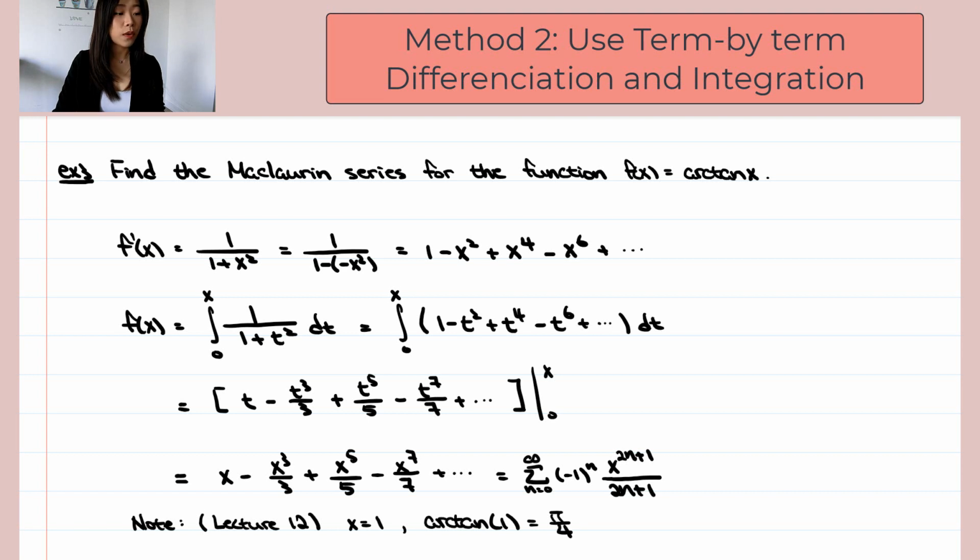And if we substitute 1 into this series, we get 1 minus 1 over 3 plus 1 over 5 minus 1 over 7, and so on. And that is the example I gave in lecture 12. I told you that we can express pi over 4 in this form, and now we are able to prove it using Maclaurin series.